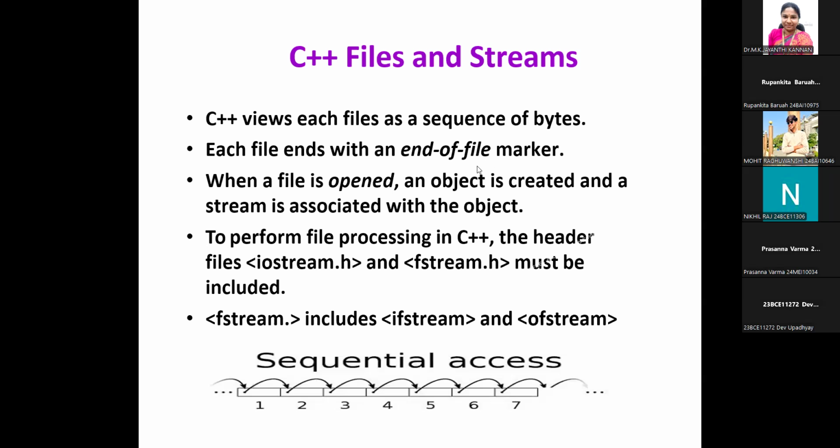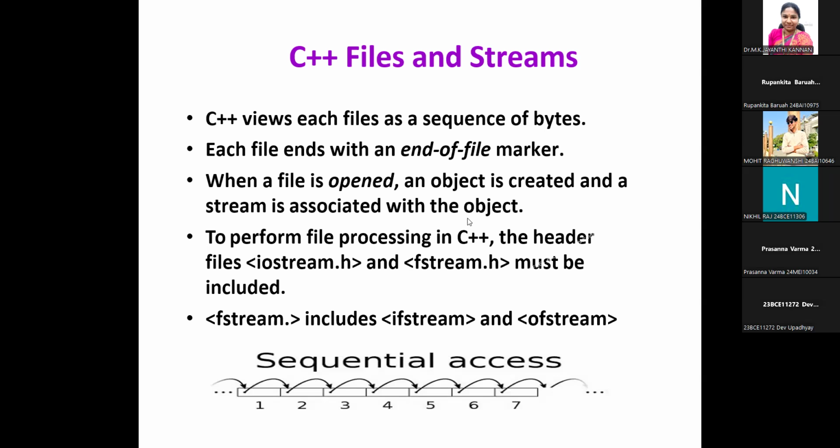Once the data is written into the file, where the last data is stored in the file will be marked. That's what we use the tellg and tellp pointers for, to mark the end of the file, up to which point data is written. When a file is opened, an object is created and the stream is associated with the object.